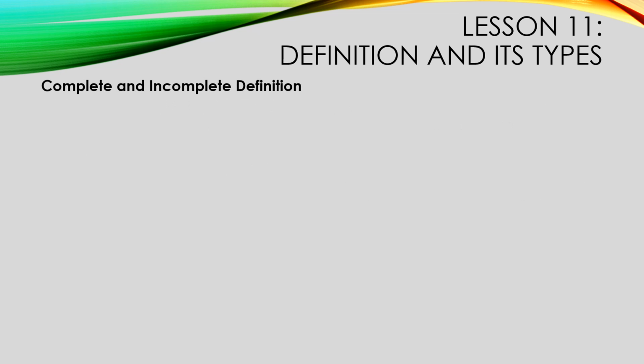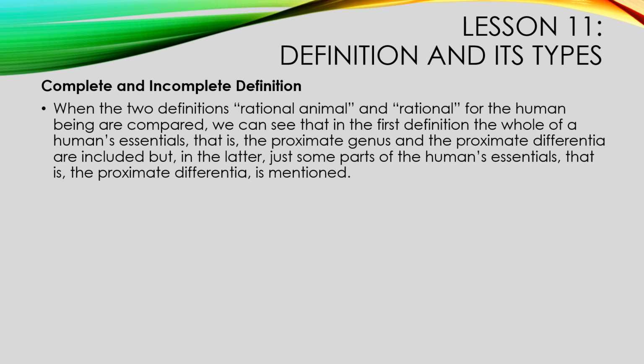Complete and incomplete definition. When the two definitions, rational animal and rational for the human being, are compared, we can see that in the first definition, the whole of a human's essentials, that is the proximate genus and the proximate differentia, are included. But in the latter, just some parts of the human's essentials, that is the proximate differentia, is mentioned.